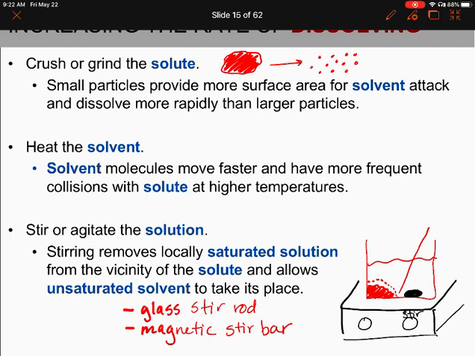And the hot plate has a magnet in it. So when we turn up the stir function, that magnet rotates, which then rotates the stir bar. So as the stir bar is turning, that agitates the solution and mixes everything together. Okay.